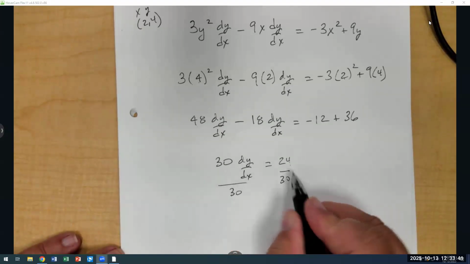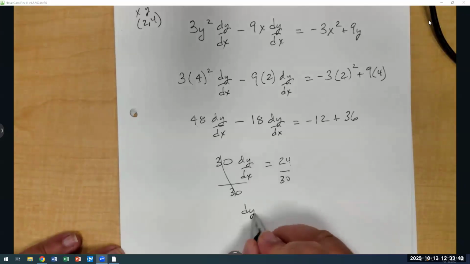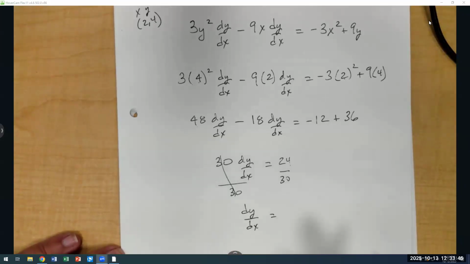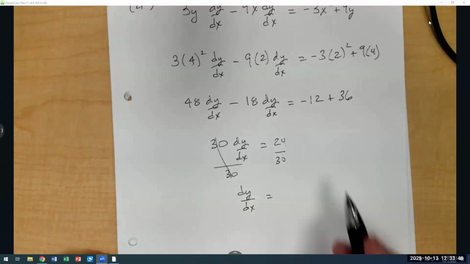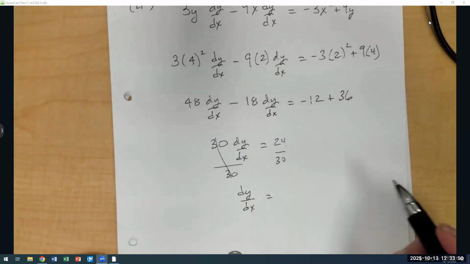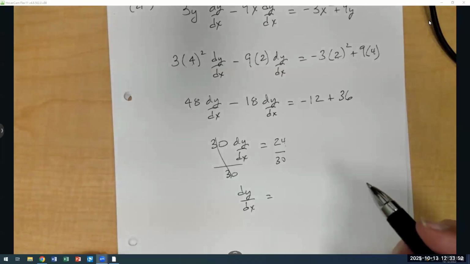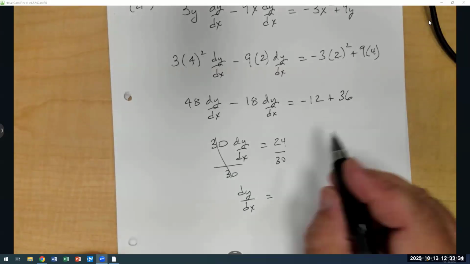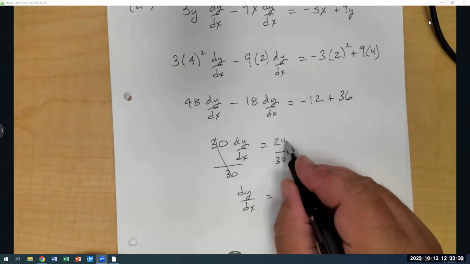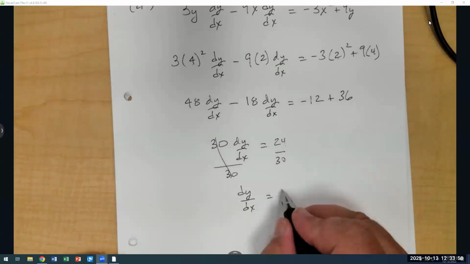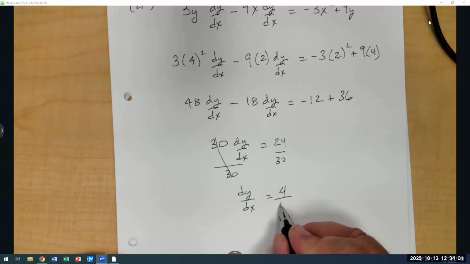Divide by 30. dy/dx equals 24 over 30. They both have what in common? They both have a 6 in common. 6 goes into 24 4 times and into 30 5 times.